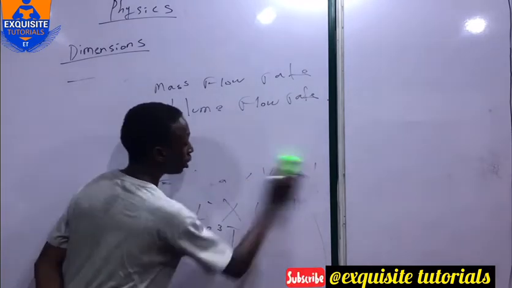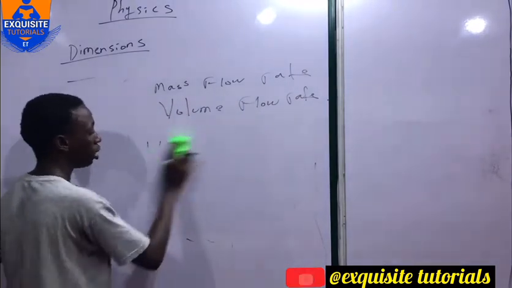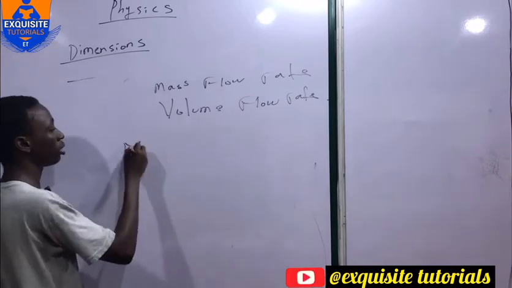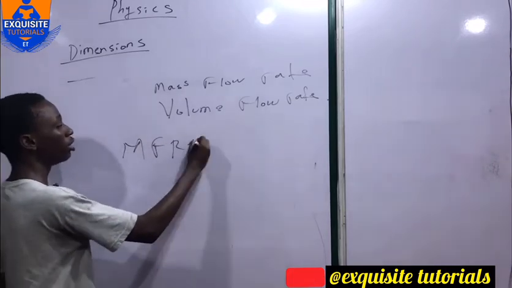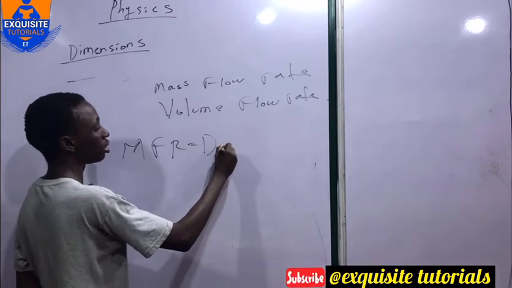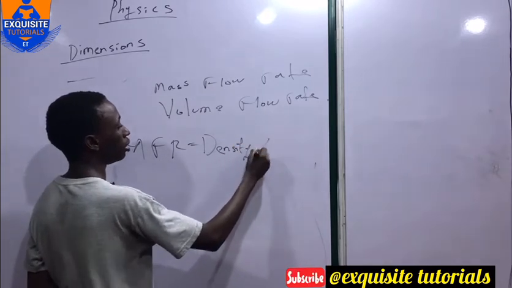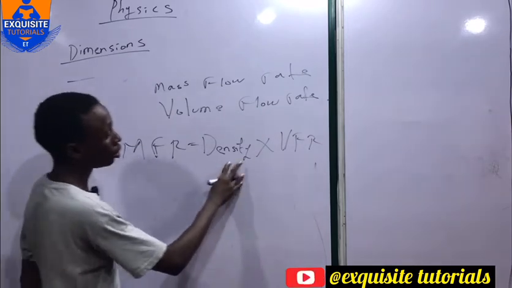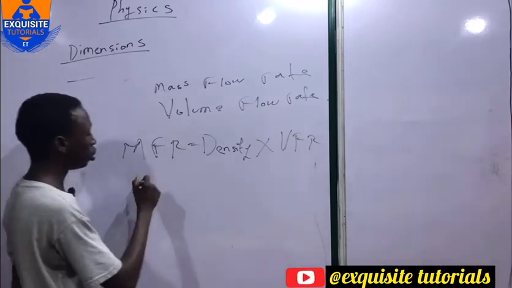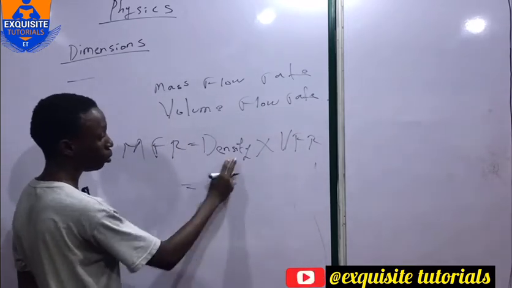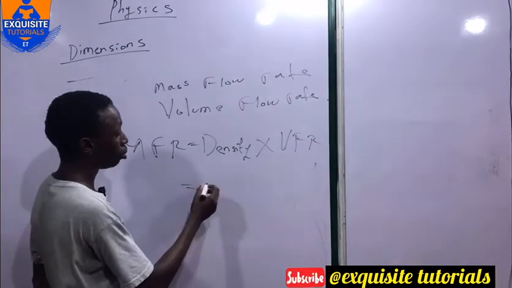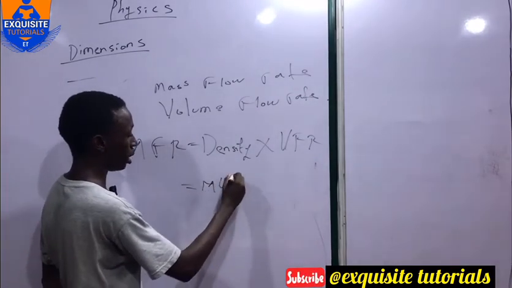Now, to get our mass flow rate, don't forget that mass flow rate is equal to density times volume flow rate. What is density? Remember we derived the dimension for density before, and it was ML^-3.